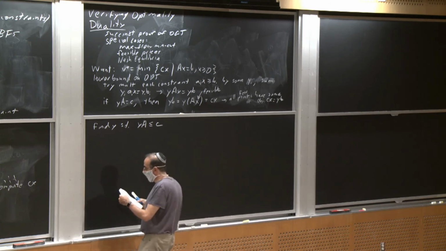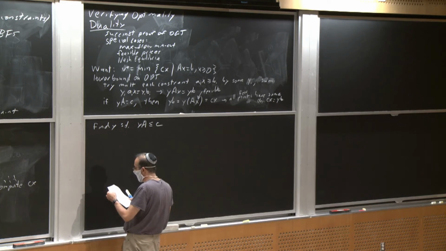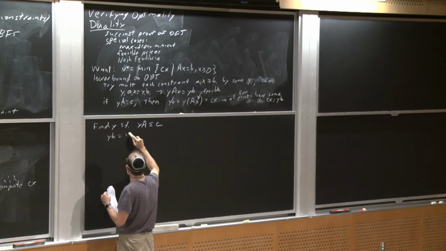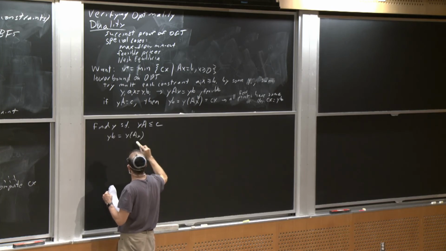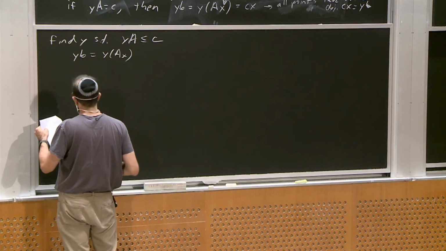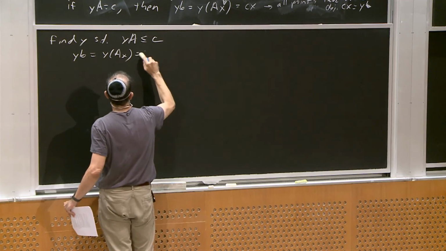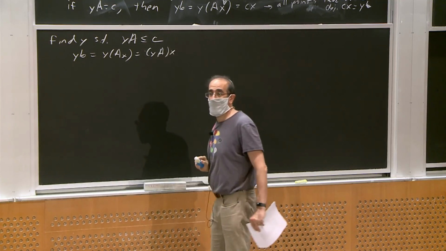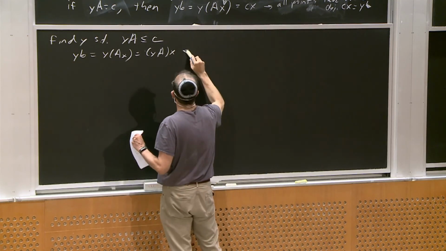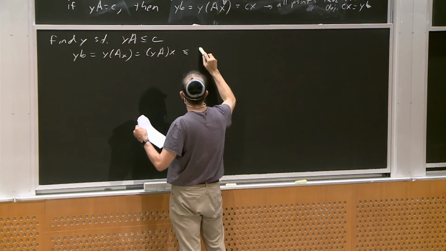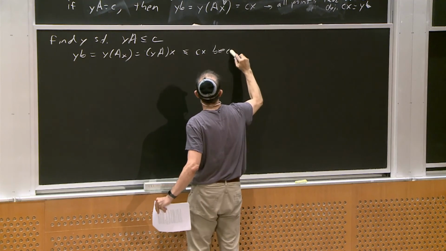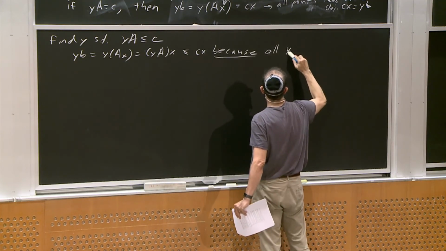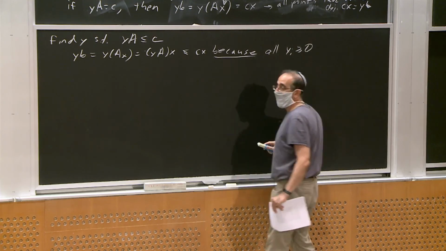Okay? Because now what we can say is that yb is equal to y times Ax, right? Which is equal to yA times x, right? Which is less than or equal to cx because all x_i are positive.